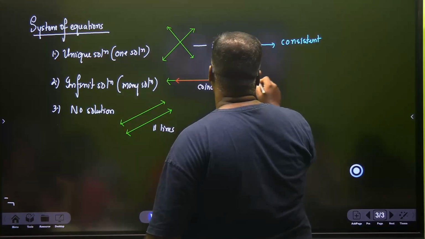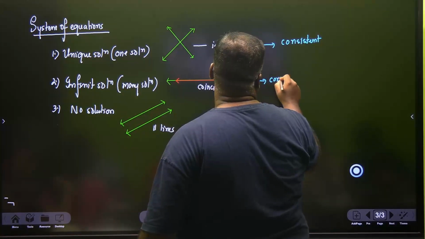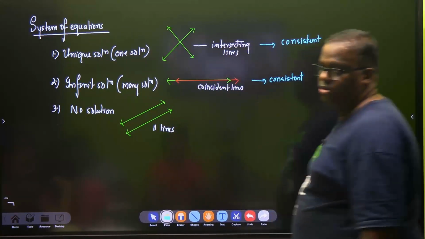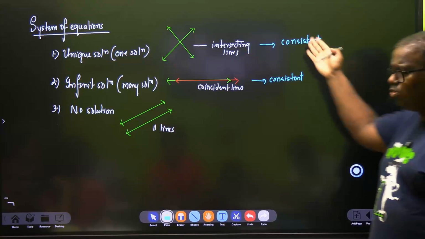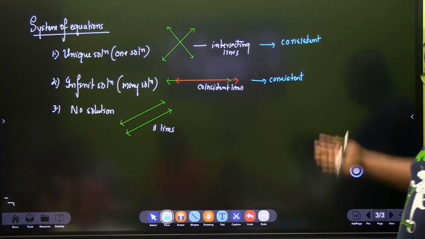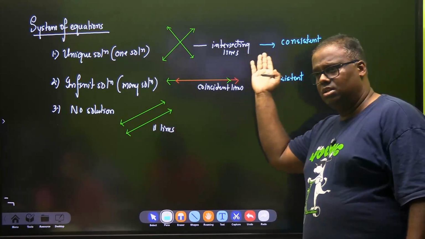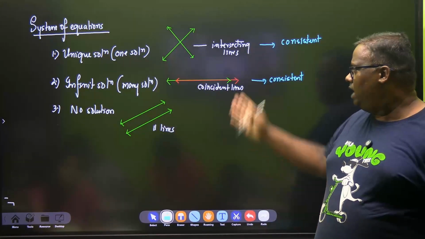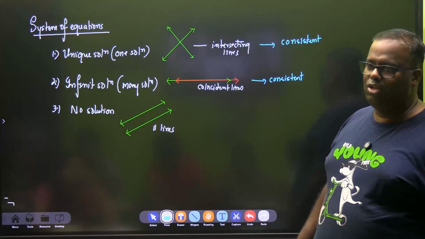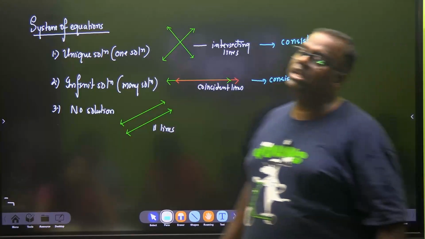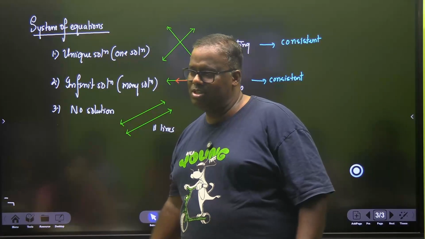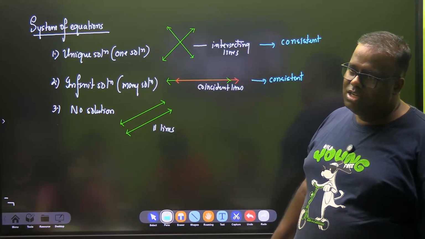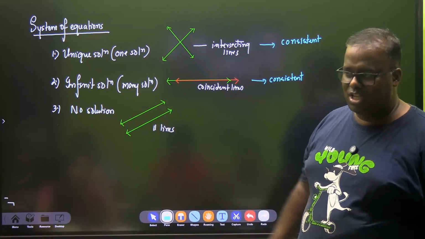This will also be known as consistent. Consistent equation. पर दोनों में कुछ तो फर्क होगा, कुछ तो फर्क होगा. Consistent, agreed. Just look at this line. This line is something between a boss and his buttering officer. If boss says mango, what will the buttering one say? Mango. So don't you think the buttering officer's answer depends on the boss's answer?